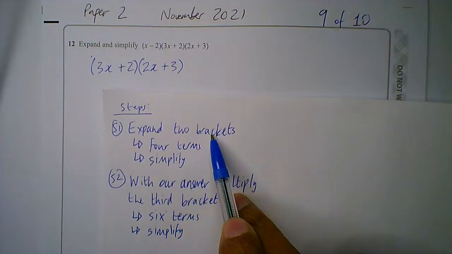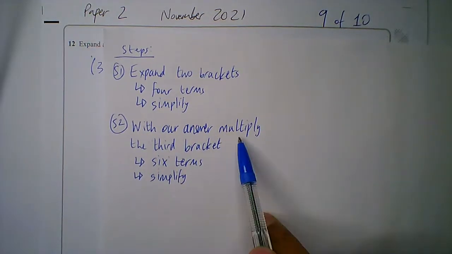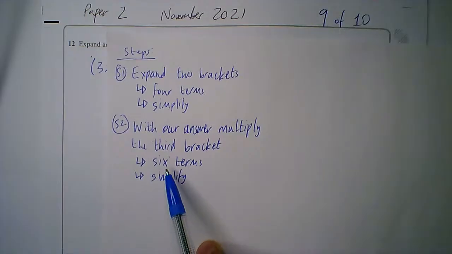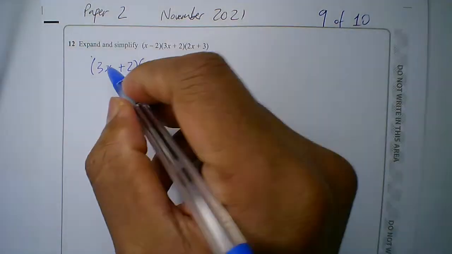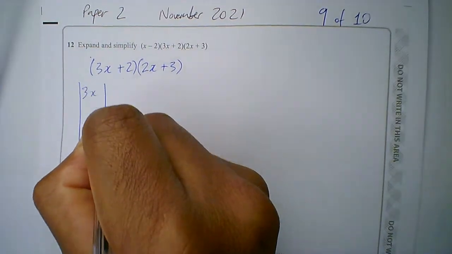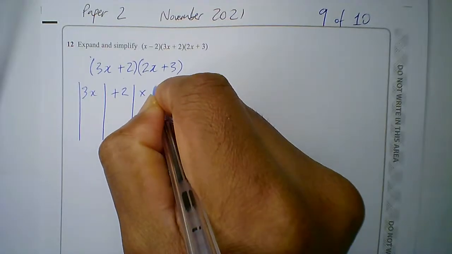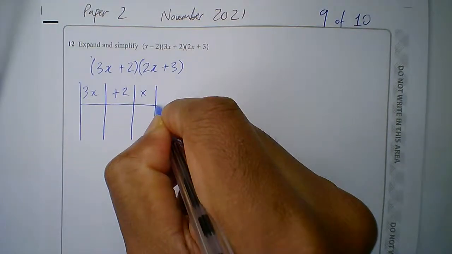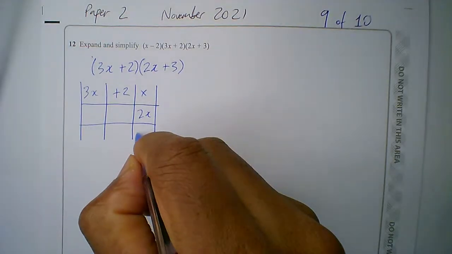Expand 2 brackets. I'm going to get 4 terms, simplify. Then with my answer, I'm going to multiply it with the third bracket. I'm going to get 6 terms, and I simplify. So that's the step. So 3x plus 2 times 2x plus 3.